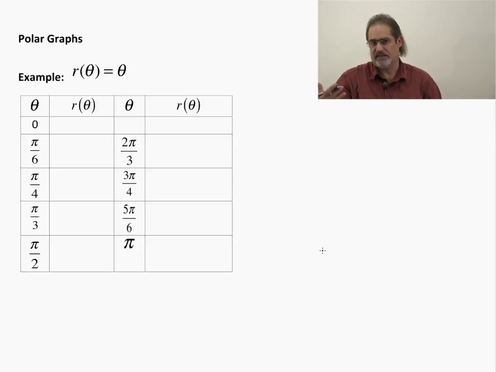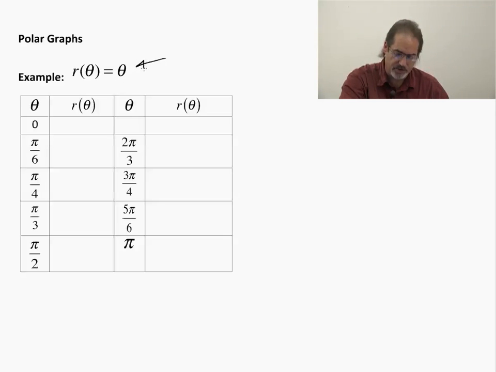Now that we've looked at the idea of what polar coordinates are, let's start creating some polar graphs. Let's start off with a very simplistic graph where r of theta simply equals theta. Okay, so I'm going to draw some axes here to work with.